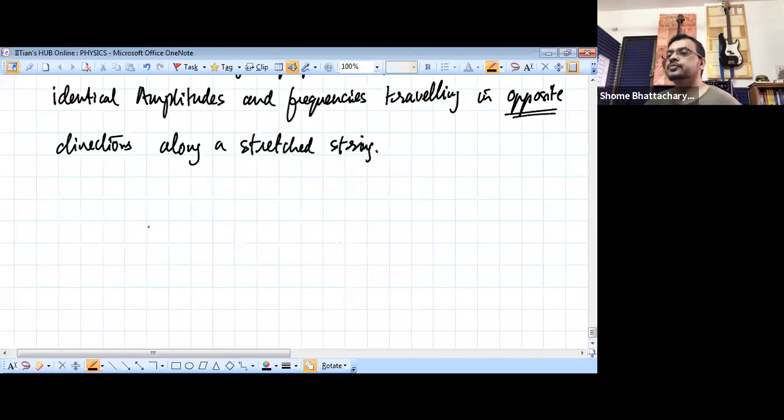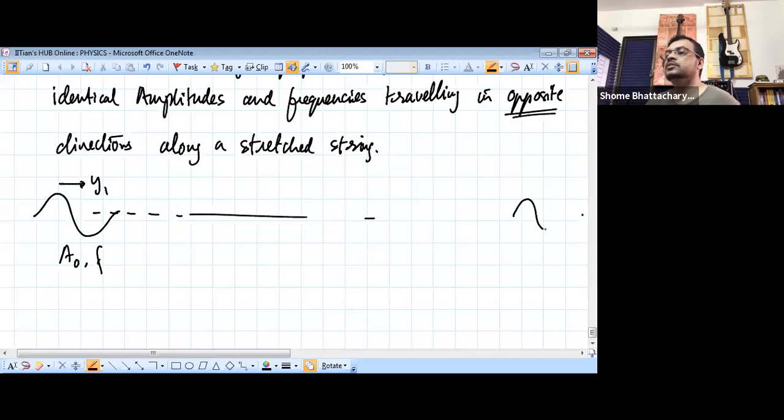So imagine on a string, from a source very far away on this side, you have a wave traveling like this of amplitude, let's say, A naught, and frequency f. And from a source very far on the other side, you have another wave, but traveling in this direction. Same amplitude, same frequency, but traveling in the opposite direction.